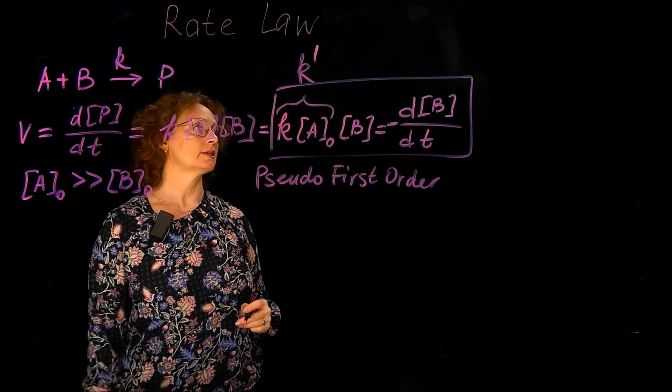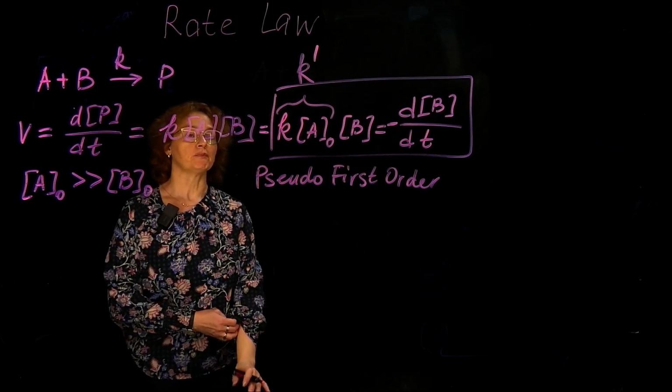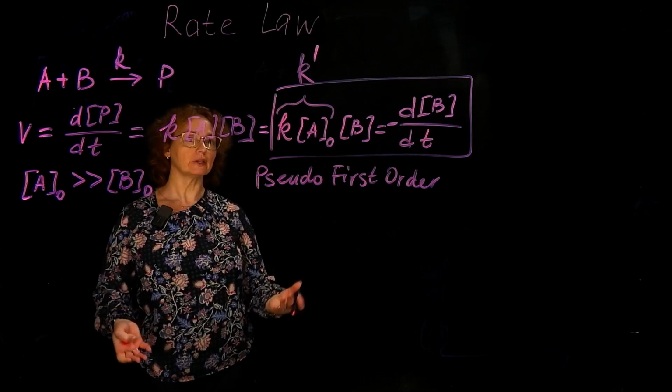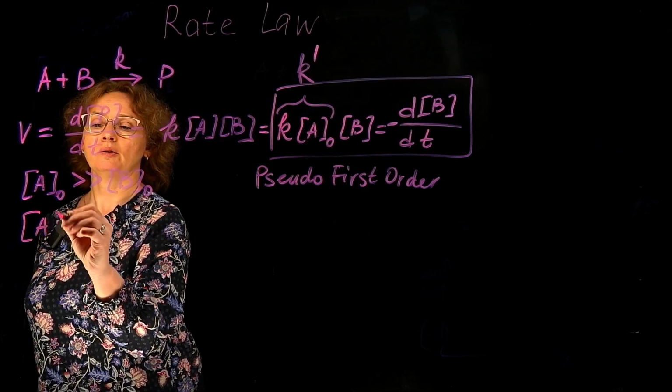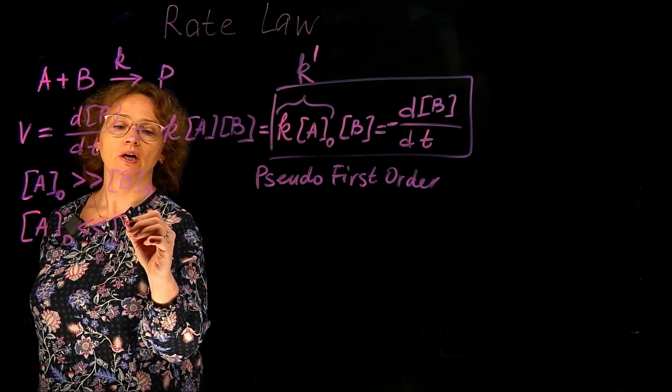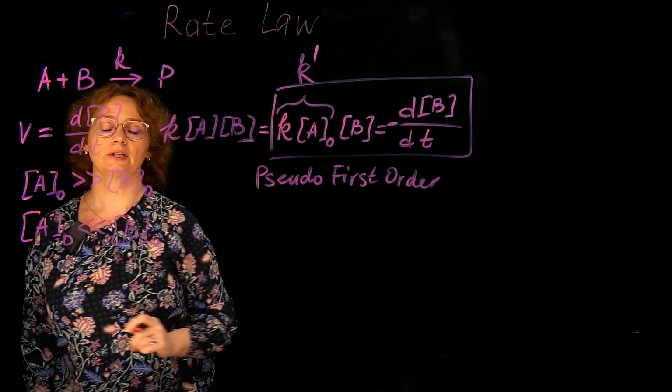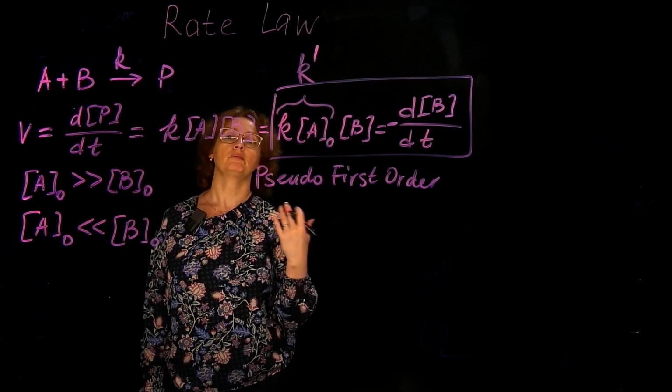So we can say that it's some kind of apparent rate constant. And the same can be said if we have the scenario in which the starting concentration of A is much lower than B.